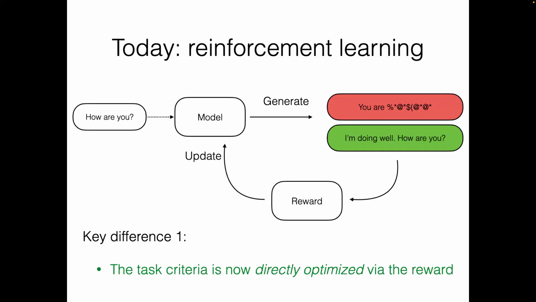So some key differences. Now we can directly optimize for our task criteria, say correctness or useful responses, as long as we can build a reward function which quantifies the task criteria.